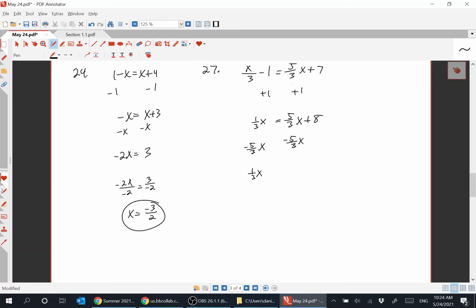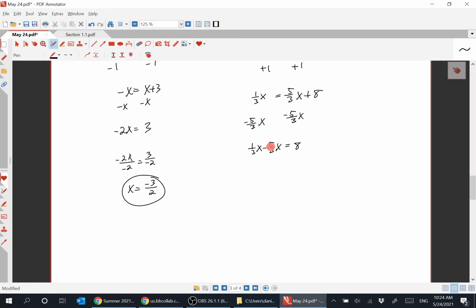So I got 1/3 x minus 5/3 x equals 8. 1/3 x minus 5/3 x is what? A third minus 5/3 is negative 4/3. Yeah, negative 4/3. Treat them just like you would integers, right? I mean, you just add.